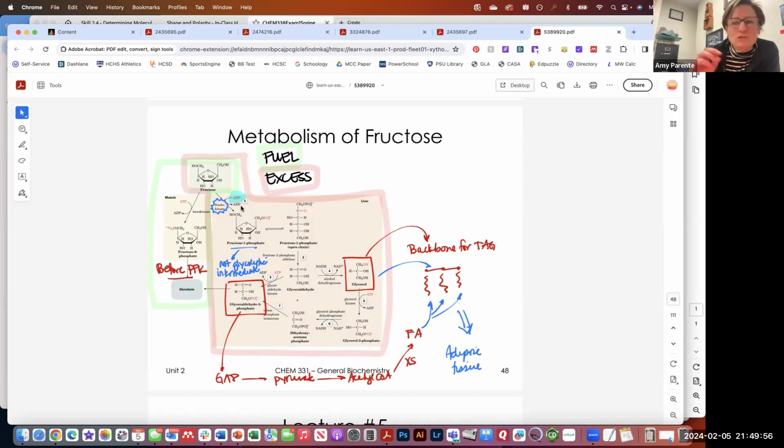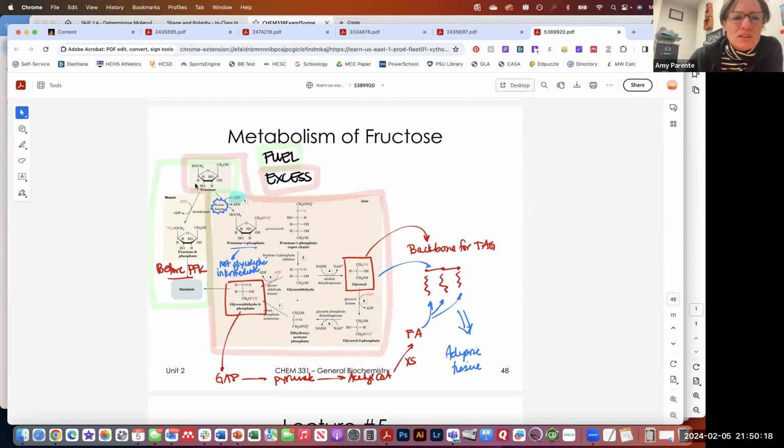So even though you are consuming excess fuel, by depletion of ATP levels in your liver, your body thinks it's in crisis. And so it's going to be putting out all of these signals that say, hey, let's eat some more. Let's suppress our leptin and activate our ghrelin hormones. Now, you don't need to know those hormonal pieces for this learning unit, but I just wanted to get them into your brain because it is something we're going to revisit later on in the semester.